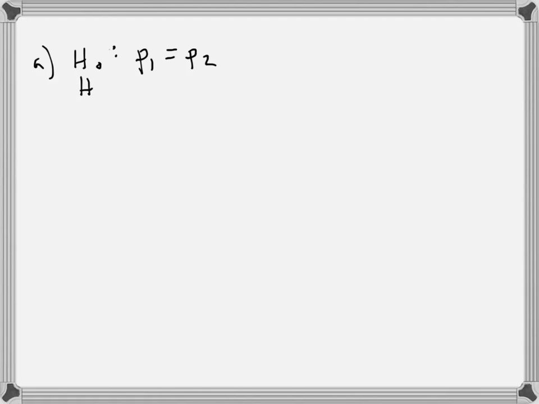All right, so we have the null p1 equals p2 versus p1 does not equal p2. And again, it helps to define your parameter. I didn't mention which one is population 1 and which one's population 2, so I need to do that.